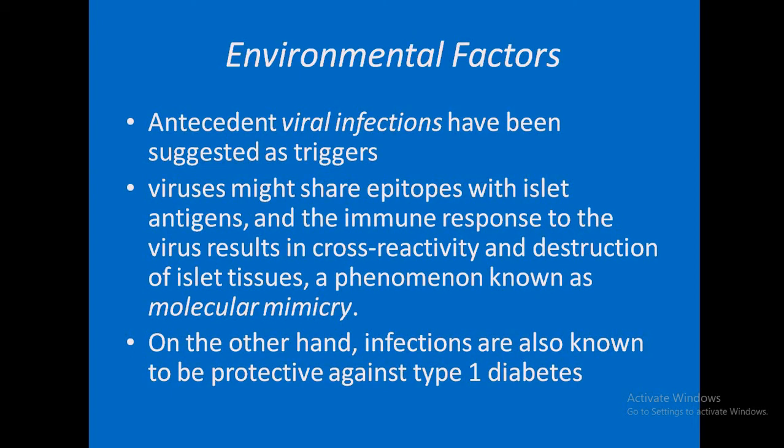What about the environmental factors? It has been proposed that antecedent viral infections could function as triggers, but there is no definite proof for that. One suggested hypothesis is that viruses might share epitopes with islet antigens, and the immune response to the virus results in cross-reactivity and destruction of islet tissues, something known as molecular mimicry.